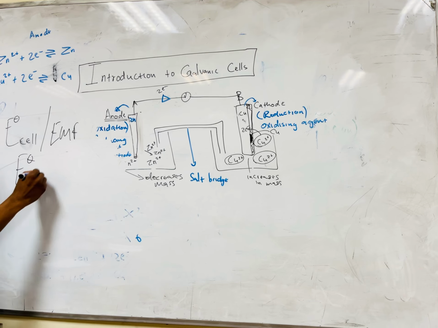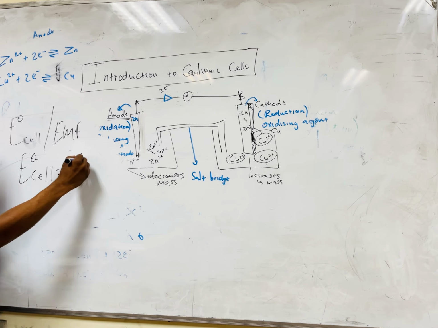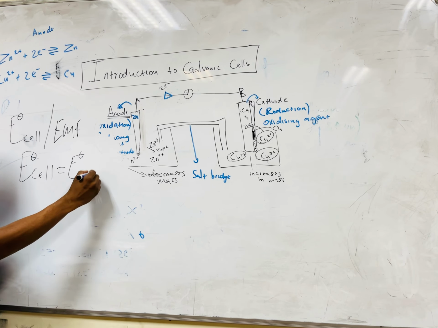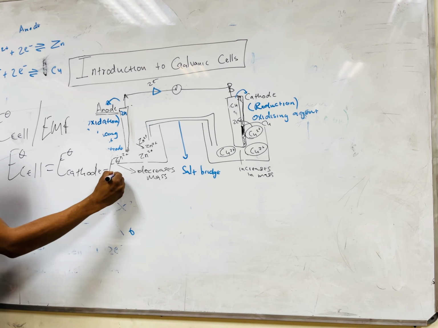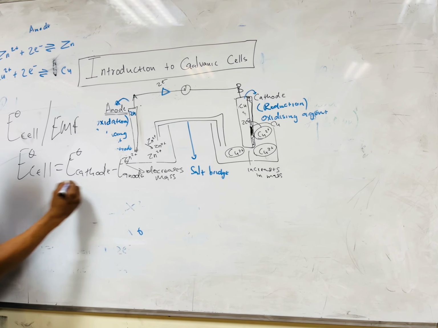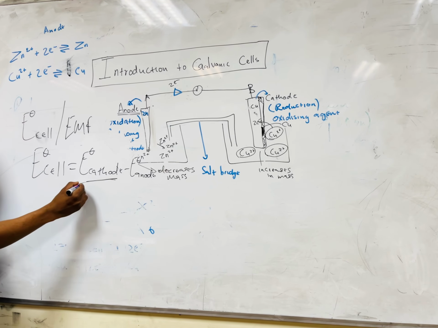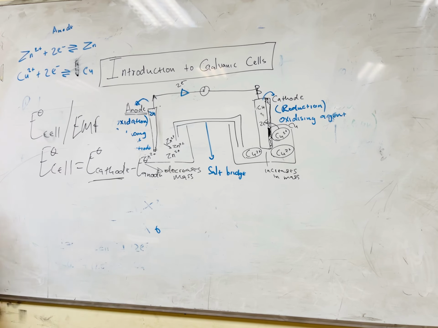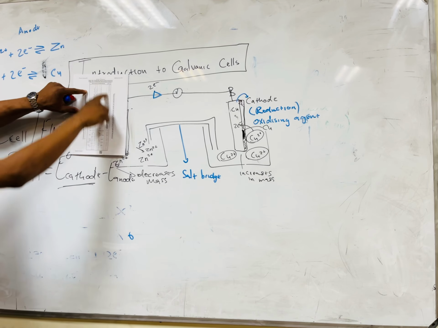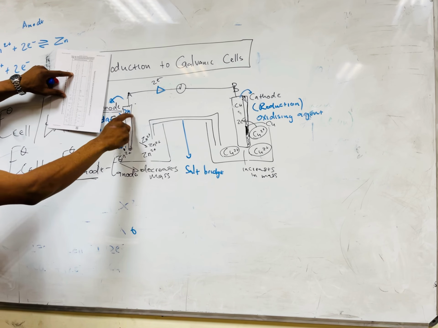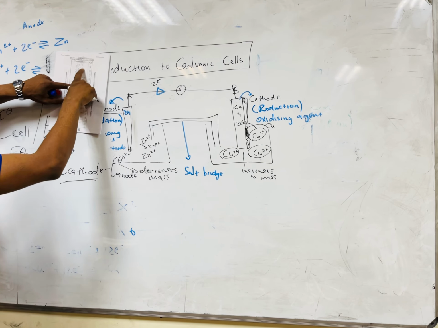You always say E cell is equal to E cathode minus E anode. And that's it. You go to table 4B. These numbers here, these are the numbers that you use. So if you are calculating the E cell for this, where is my zinc?